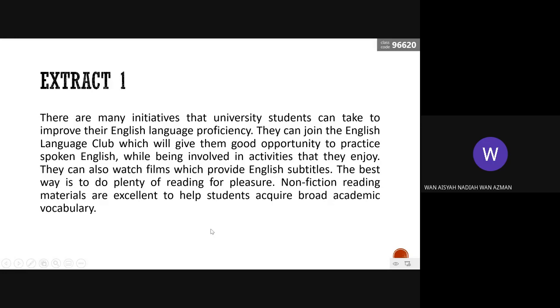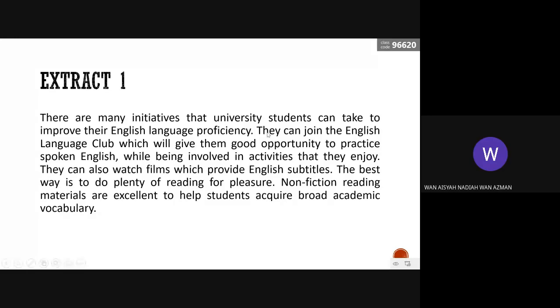How about the supporting details? They can join the English language club.